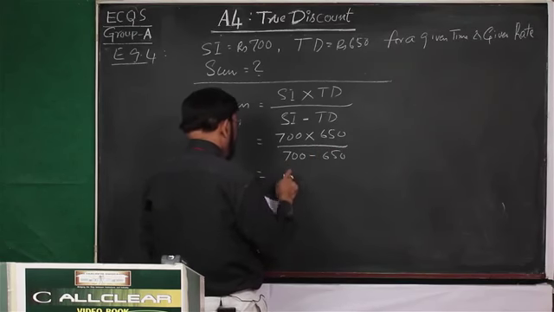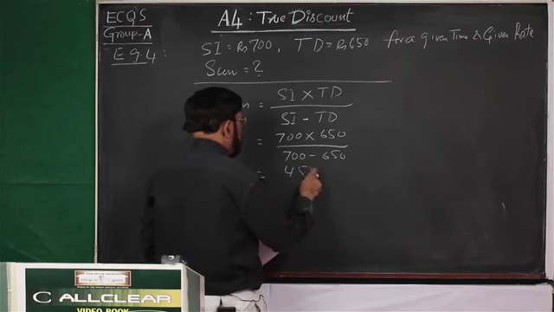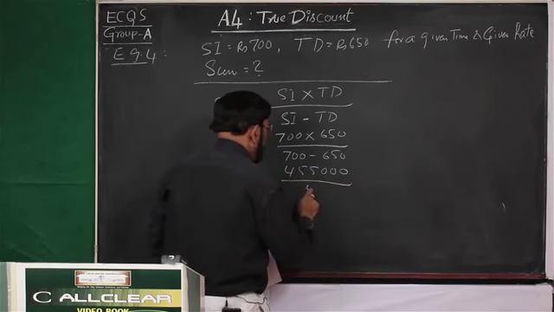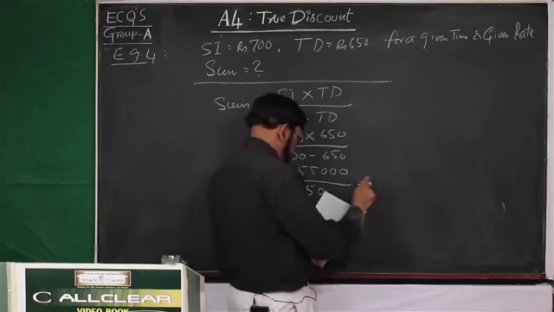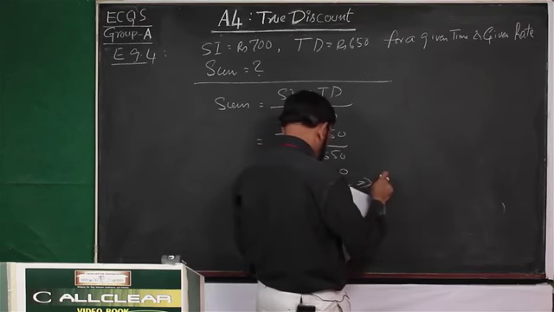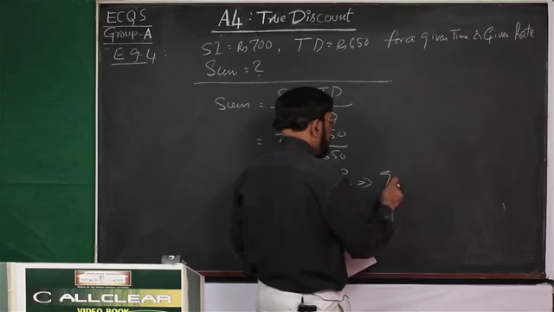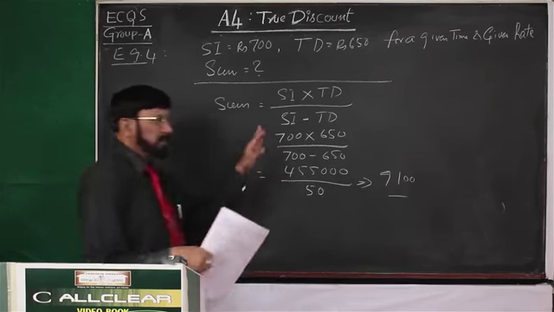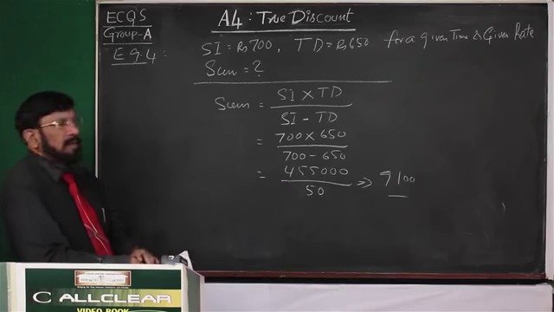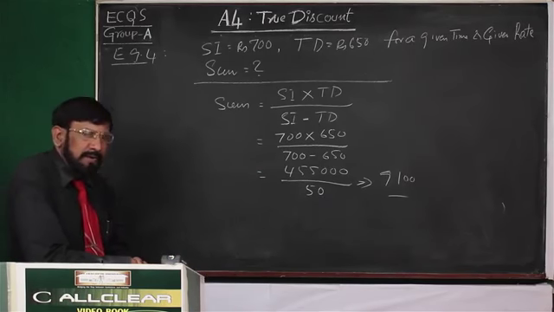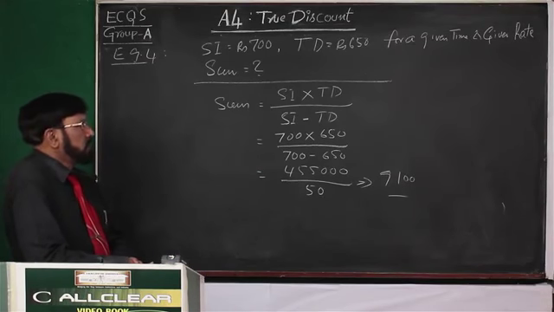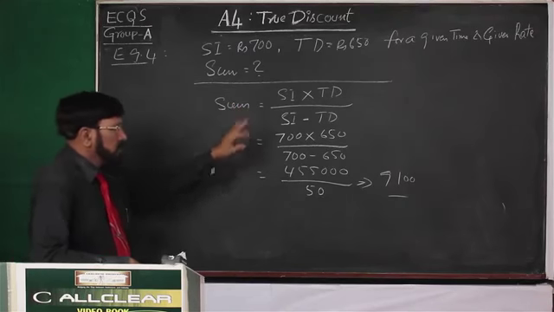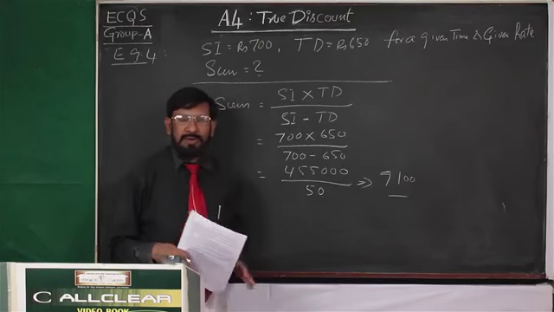This comes to 4,55,000 by 50, which is equal to 9,100 rupees. So by using this formula, whenever simple interest and TD, true discount, are given, in order to find the sum, you can use this formula and calculate.